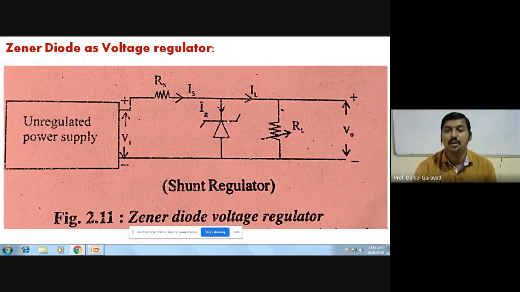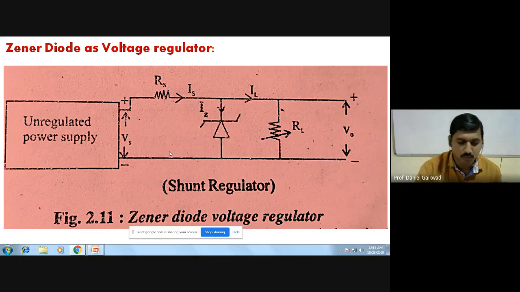So here the Zener diode is connected in reverse bias, and the next part is the load resistance RL, across which we obtain the output voltage. So here we have one resistance called the series resistance, then the Zener diode connected in reverse bias, that is the important part of the circuit, and the load resistance across which we have the output regulated voltage.